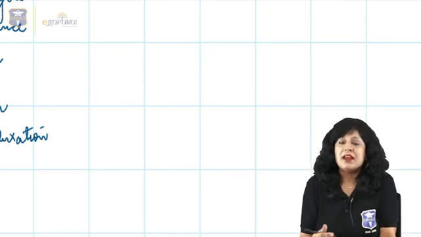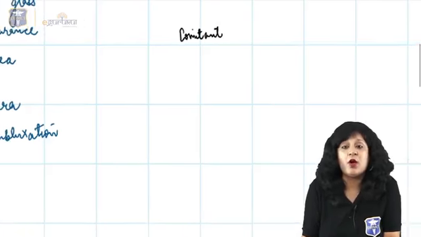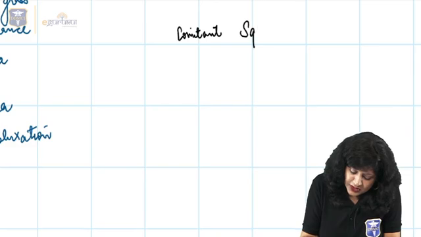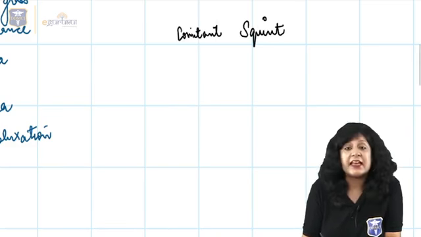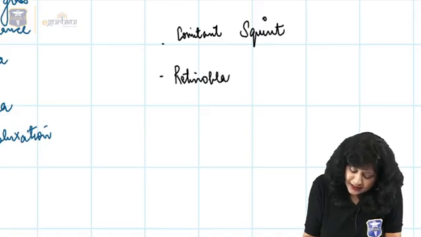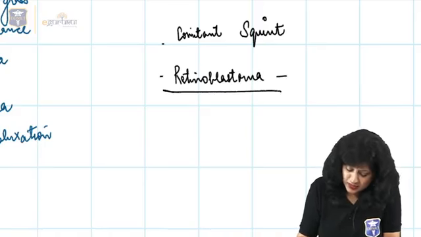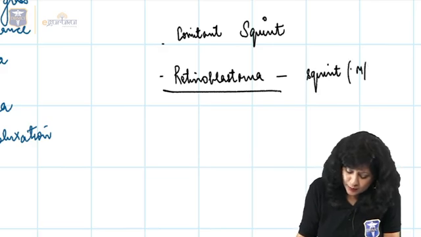So here I am thinking of the comitant squint, which is the non-paralytic variety. The second thing is that I can also think about retinoblastoma, because in retinoblastoma also people present with squint, and most commonly this squint is the eso squint.